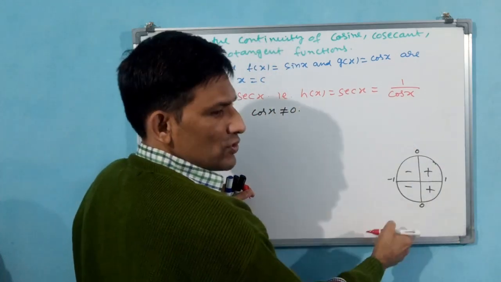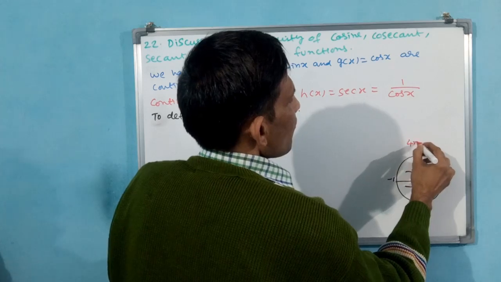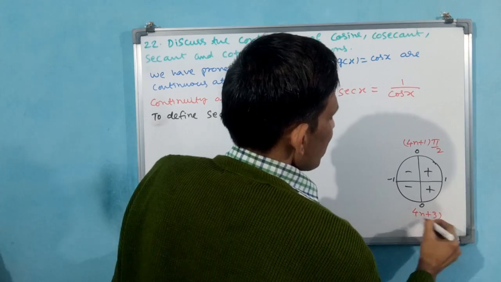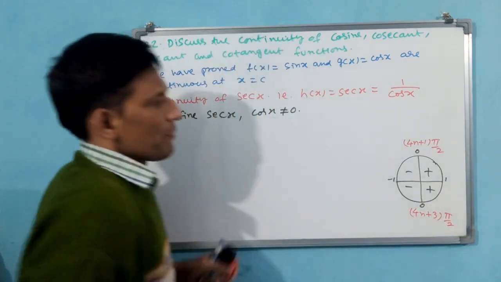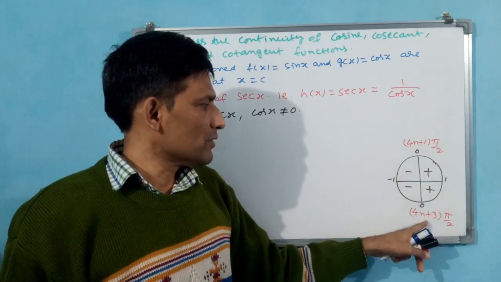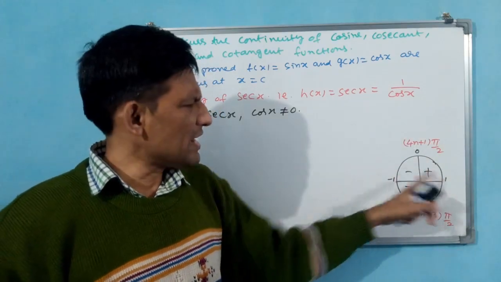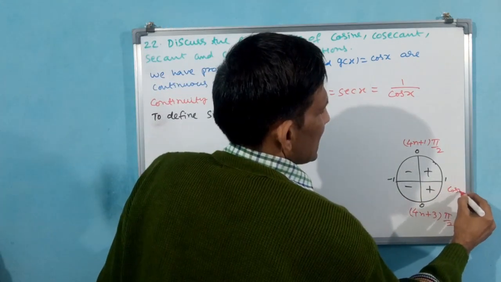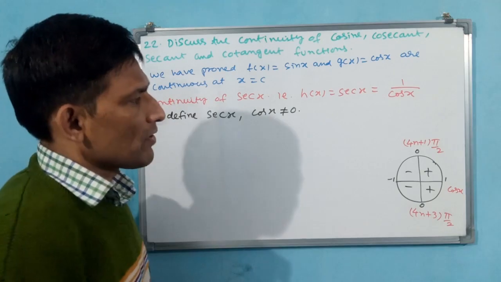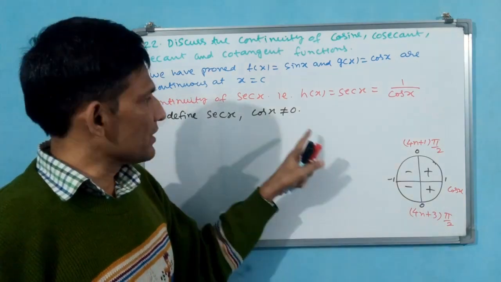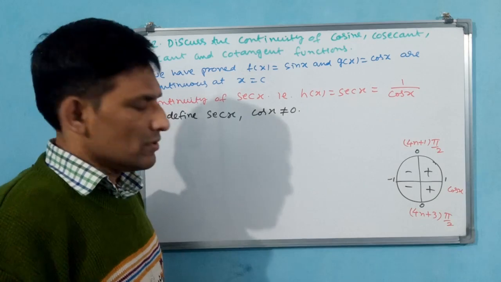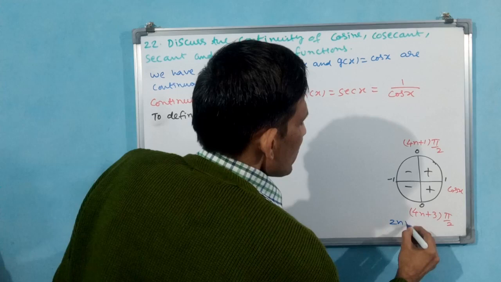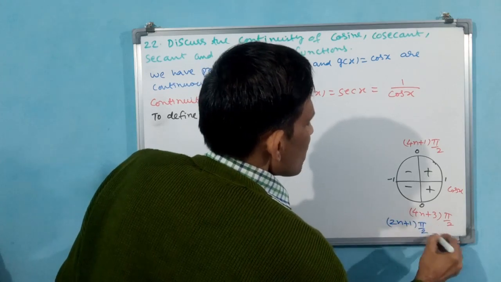Cos x should not be 0 means the 0 area, which is 4n plus 1 pi by 2 and 4n plus 3 pi by 2. These two angles we should not give for cos x. The combined angle is 2n plus 1 pi by 2.